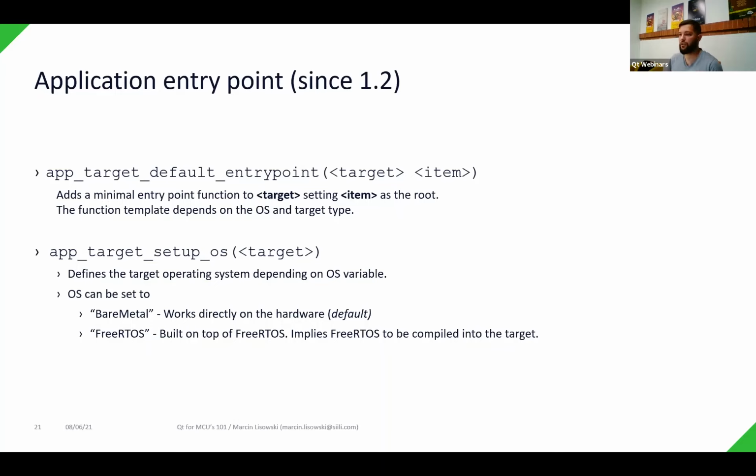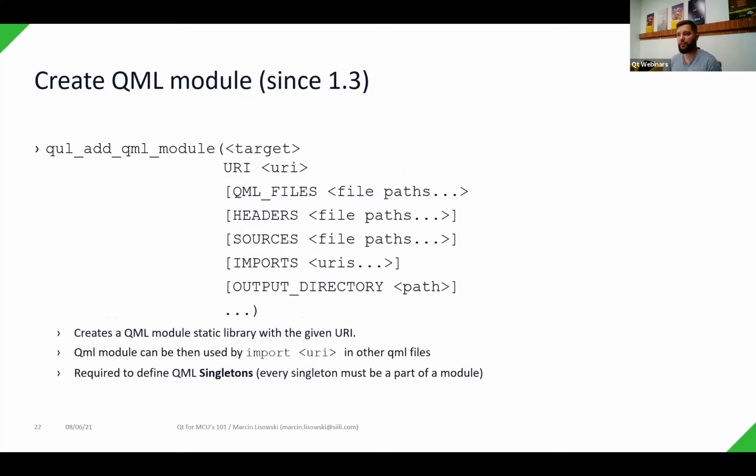To create a QML module, there is a new API. Previously, I said that there is some deprecated property in one of the macros, and this is the new way of doing that. So here we are providing the target, of course, and the URI that you will be using further to reference your module in other QML files.